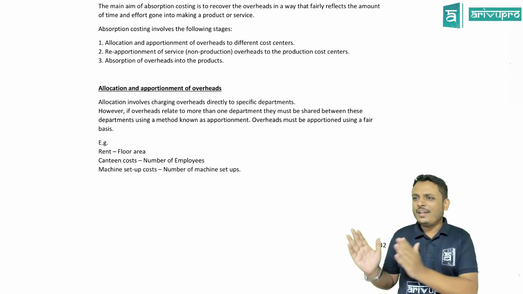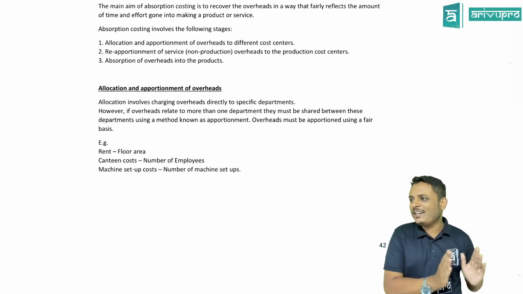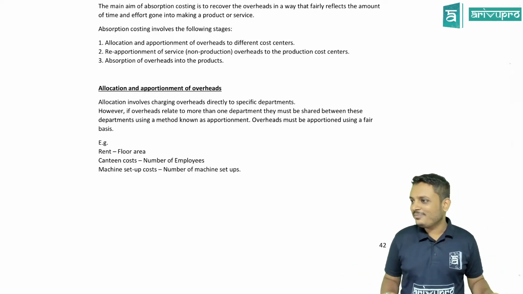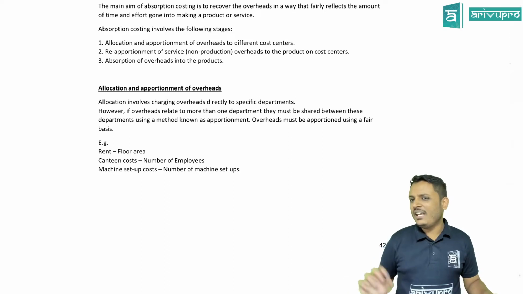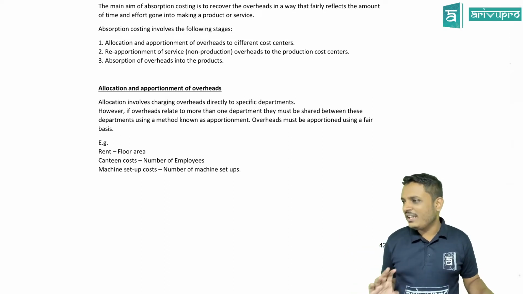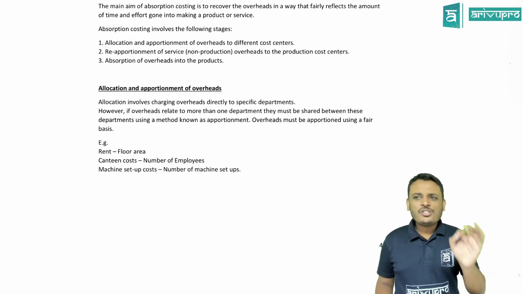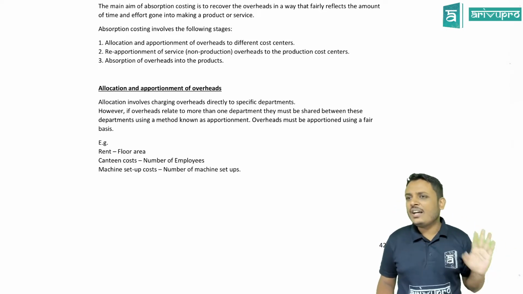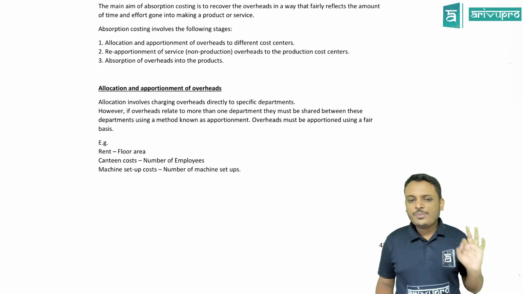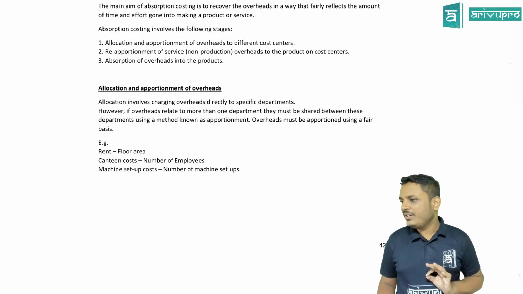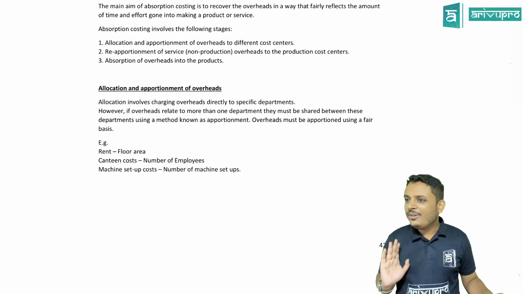Because we know the 5,000 petrol cost is for management accounting, there is no relationship with CA, CS or CL. So those types of overheads we can directly charge to a specific department. That is what we call allocation. Understood? So write it down.